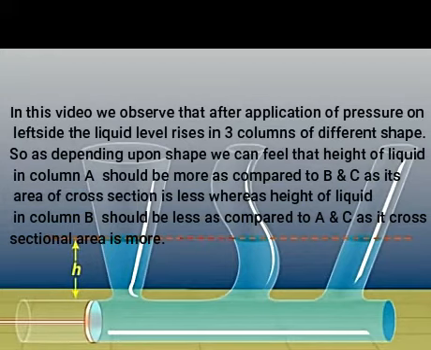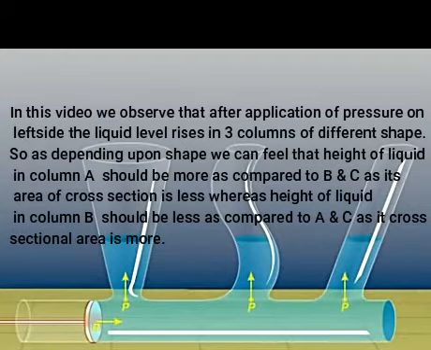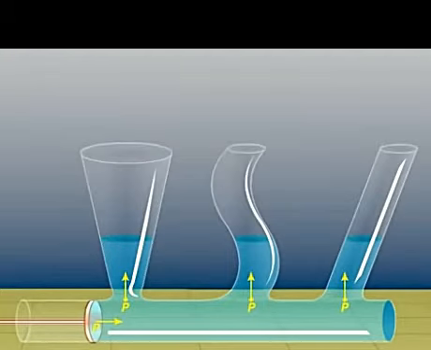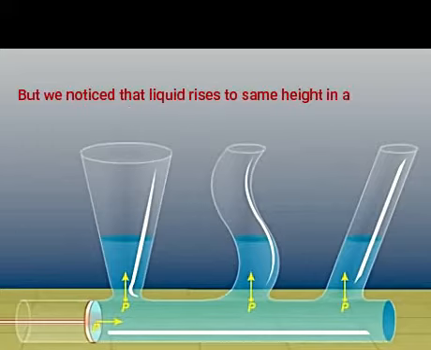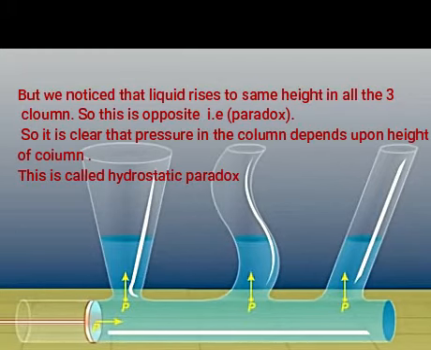Depending upon the shape, we can feel that the height of the liquid in column A should be more compared to B and C, as its cross sectional area is small, whereas the height of the liquid in column B should be less compared to A and C, as its cross sectional area is more. But we notice that the liquid rises to the same height in all three columns.